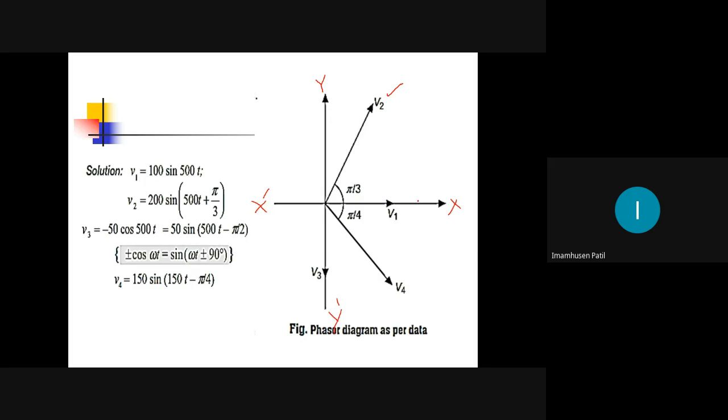Here V2 cos 60 degree is the horizontal component. If you want the vertical component, it is V2 sine 60. Have you understood? Okay. What about V3? V3 is this. Angle is 90, so 50 sine 90.